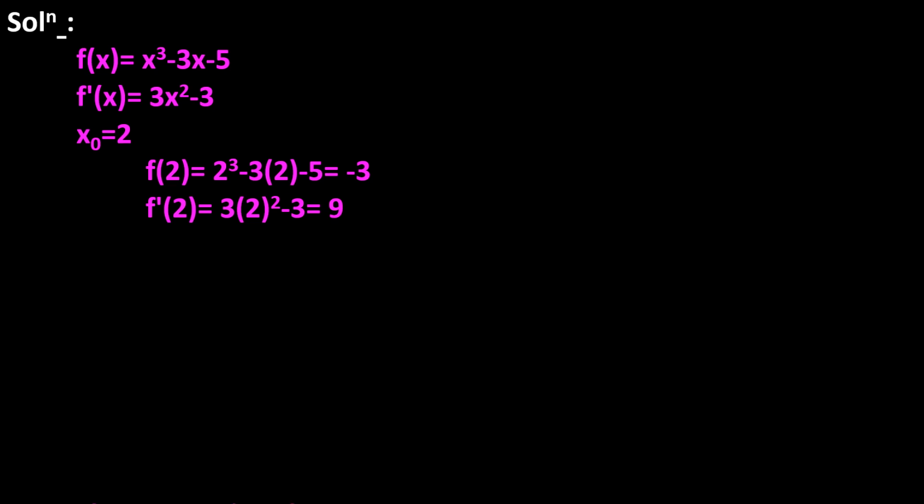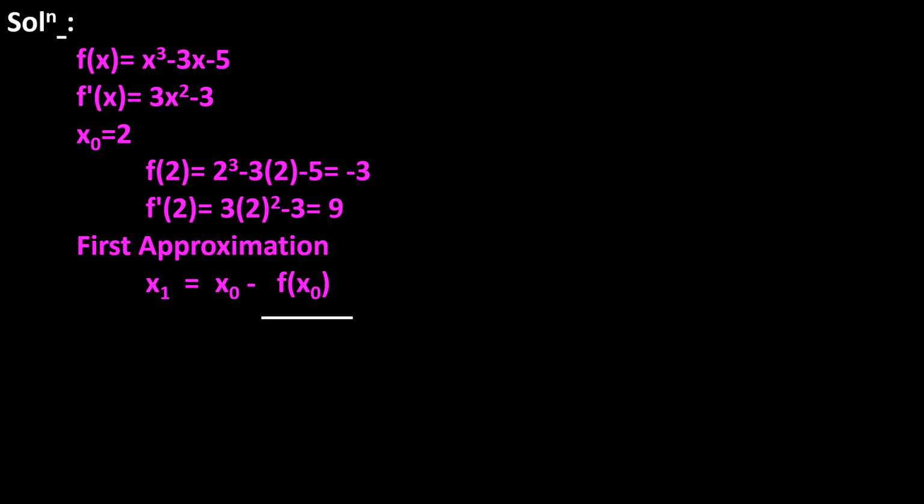The first approximate root is given by x1 is equal to x naught minus f of x naught divided by f dash of x naught, because the Newton-Raphson formula is xn plus 1 is equal to xn minus f of xn divided by f dash of xn, and we are considering n is equal to 0.